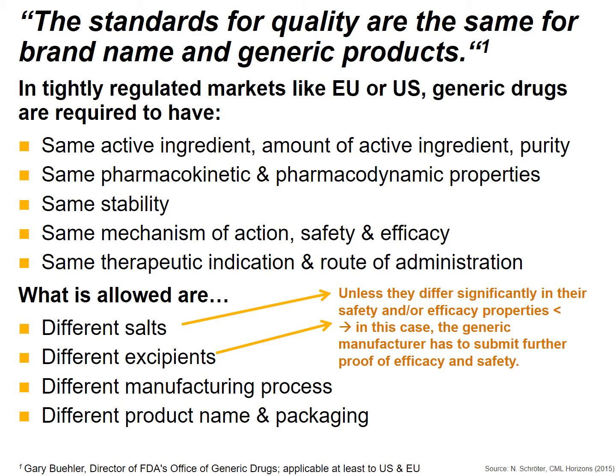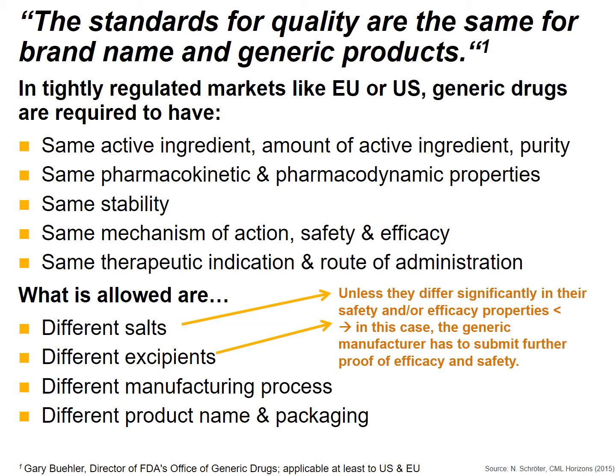So, for example, there can be different salts to produce the drug, and different excipients, which are additional substances besides the active ingredient that might facilitate absorption or enhance solubility, or might just be fillers to make out of 400 milligrams a real pill that patients can swallow. So the excipients might be different. There might be a different manufacturing process to produce the drug, and of course a different product name and packaging.